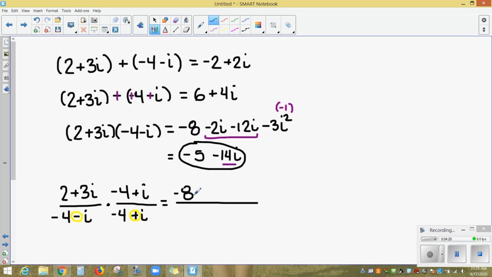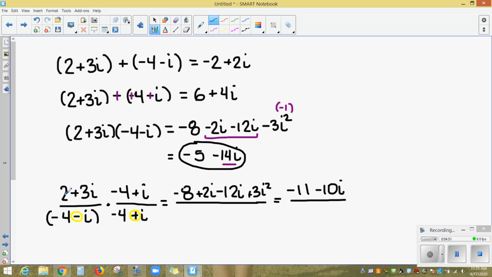When we distribute here and combine our like terms, +3i squared is the same as -3. So we get -11 out of that, minus 10i.